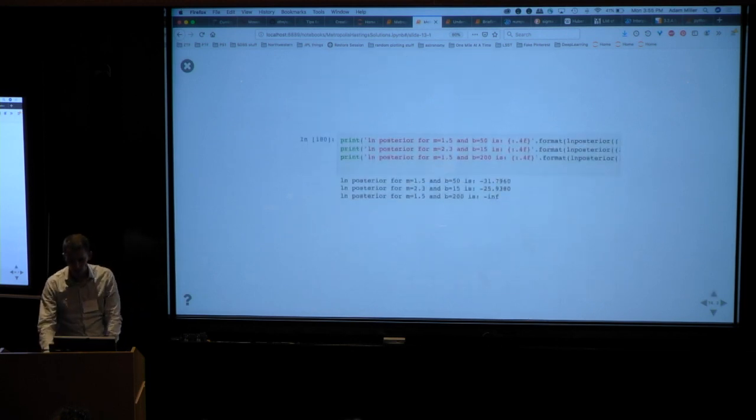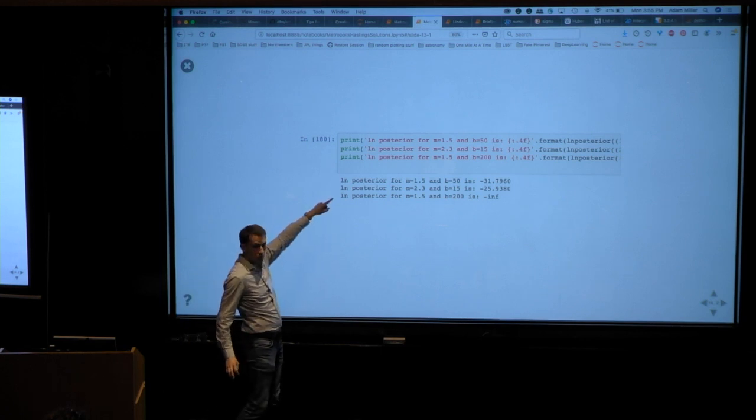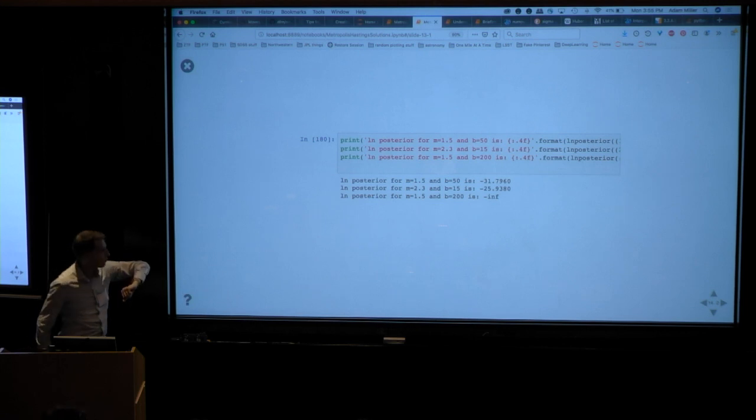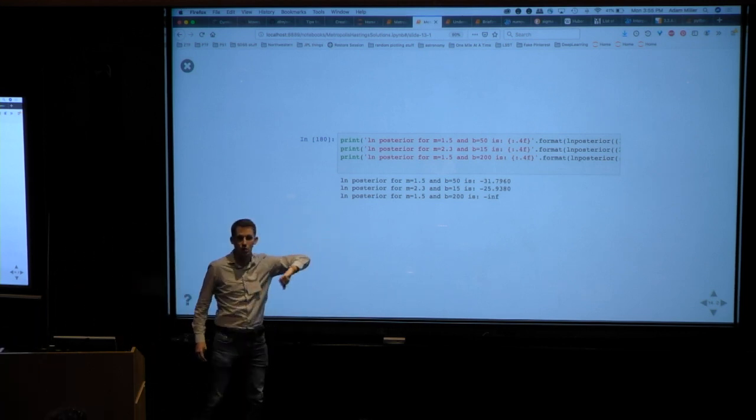And so here's just an example. As you move to the exact correct answer, you get a larger number, meaning more probable, meaning good. And if you're outside the bounds of your prior, then you get negative infinity because the probability is 0.